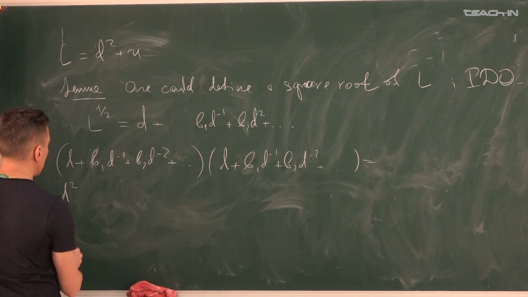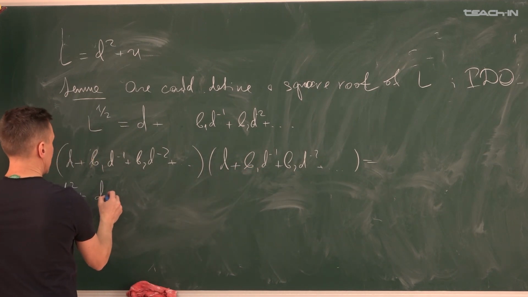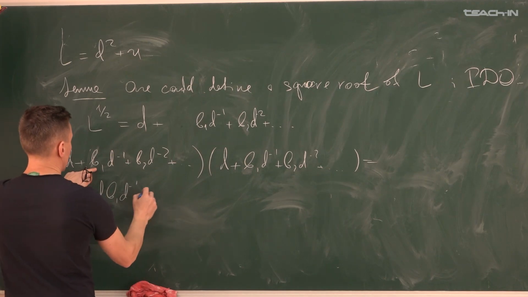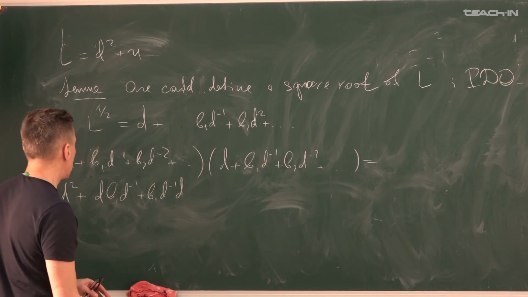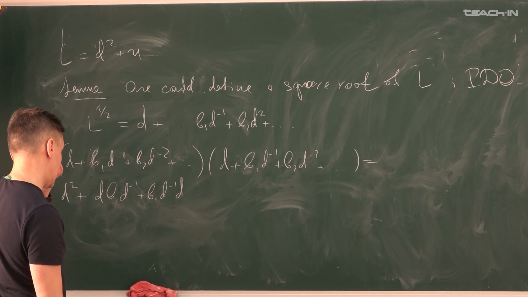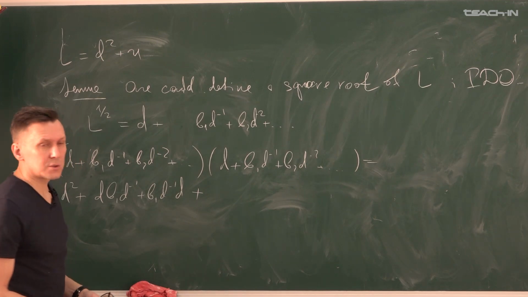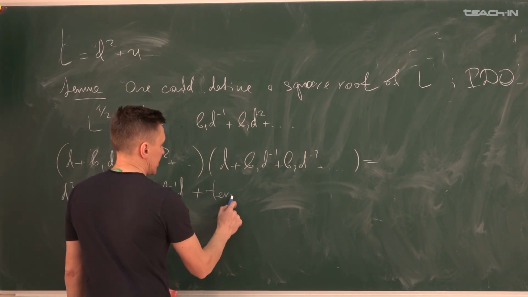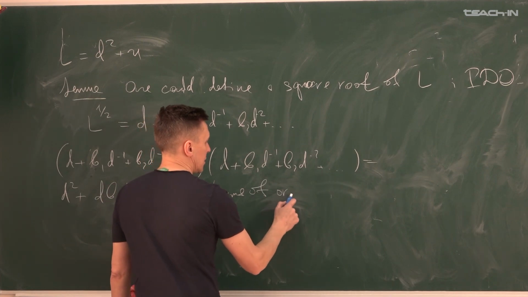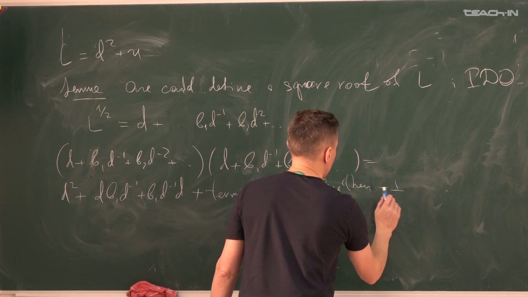It is d square plus d multiplied by this term, d b1 d minus 1 plus b1 d minus 1 d, and plus terms of smaller order, plus terms of order less than or equal to minus 1, less than 0.